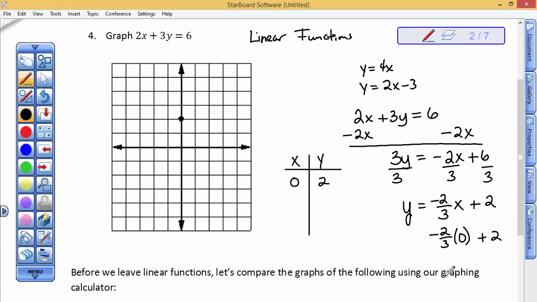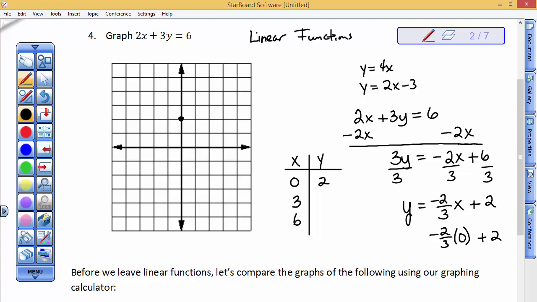If I tried a 1 right now for x, it wouldn't work so nice because a negative 2/3 times 1 is a negative 2/3. So I'd have a fraction that's negative and I'd have to add a whole number to it. So you see this denominator of 3? I'm going to put in for x multiples of 3 so I can cancel out the denominator. So multiples of 3 would be 3, 6, 9.